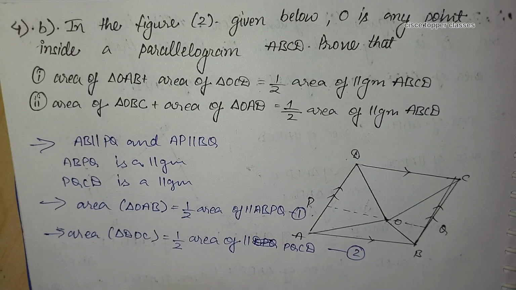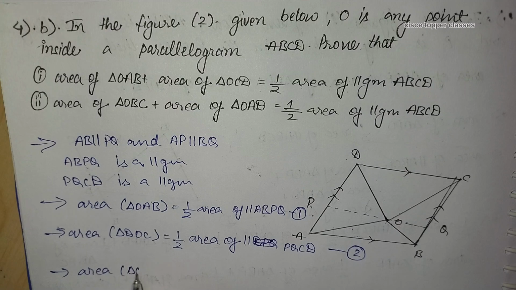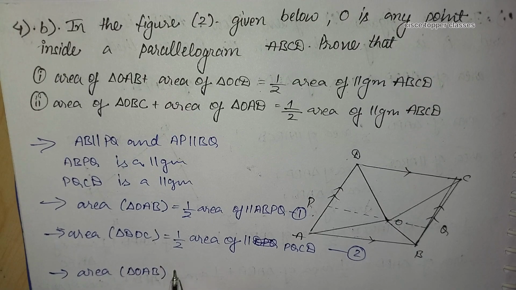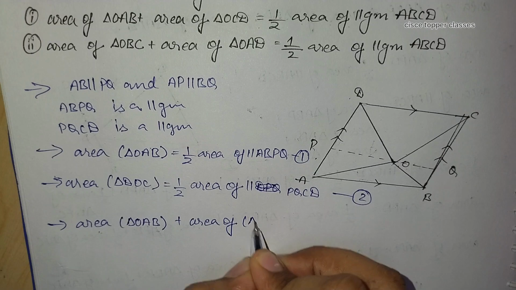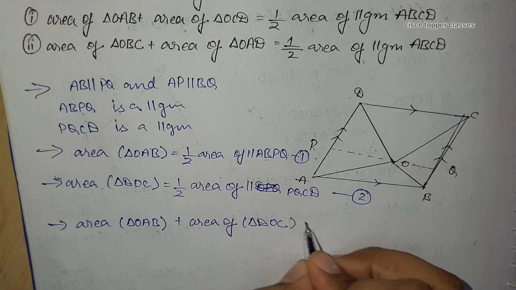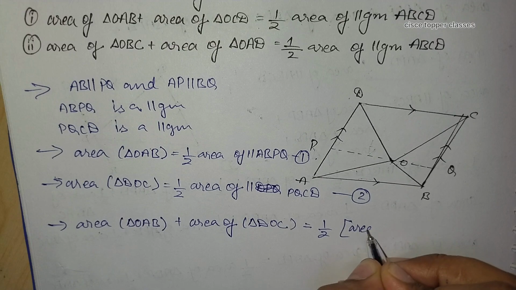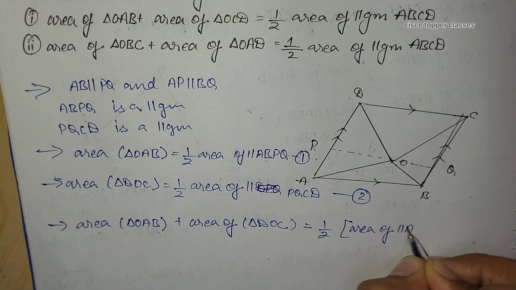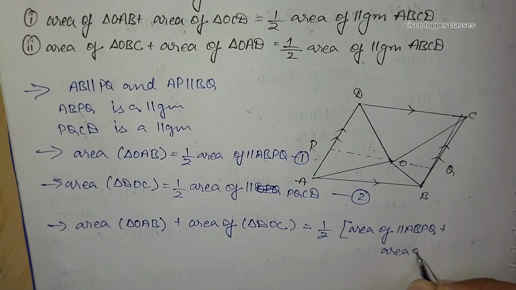Now we will add these both equations. So here it will be area of triangle OAB plus area of triangle DOC is equal to 1 by 2. We will take common and we can write here area of parallelogram ABPQ plus area of parallelogram PQCD.